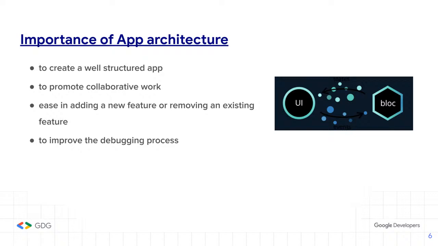If you don't have an app architecture, that is a way of writing the code, then one person is going to have their own way of writing code, the second person is going to have their own way of writing code, and the third person is going to be completely blank when they read the first and second person's code. If not blank, they will definitely take a long time to understand what is actually happening. This is why there should be a very good architecture when you're developing apps.